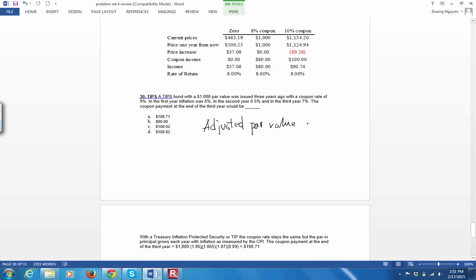at the end of year 3 is first $1,000, the original principal, adjusted for the first year inflation, which is 6%, so times 1.06. Adjust for the inflation in the second year, times 1.065. Adjust for the inflation in the third year, which is 1.07.